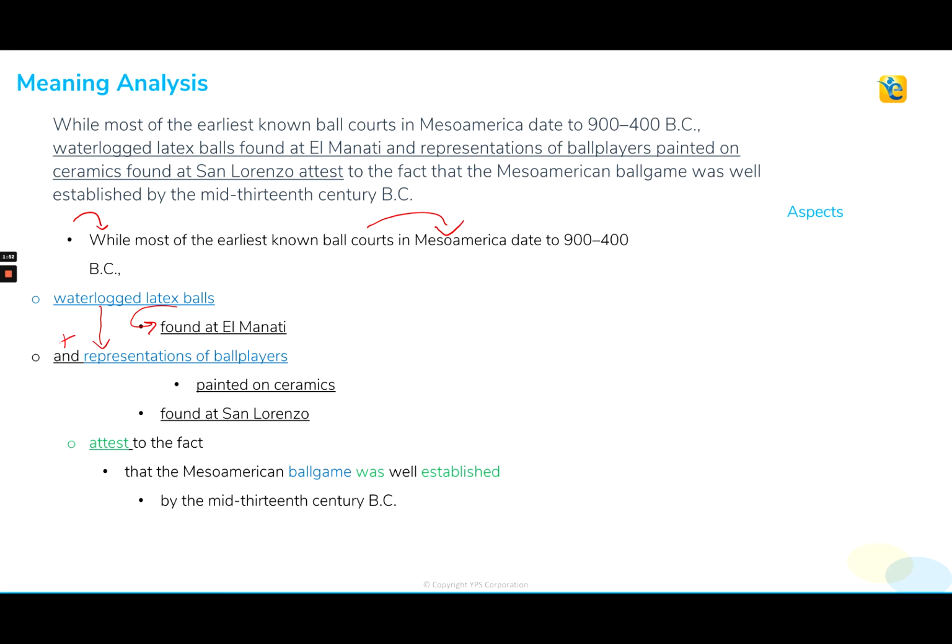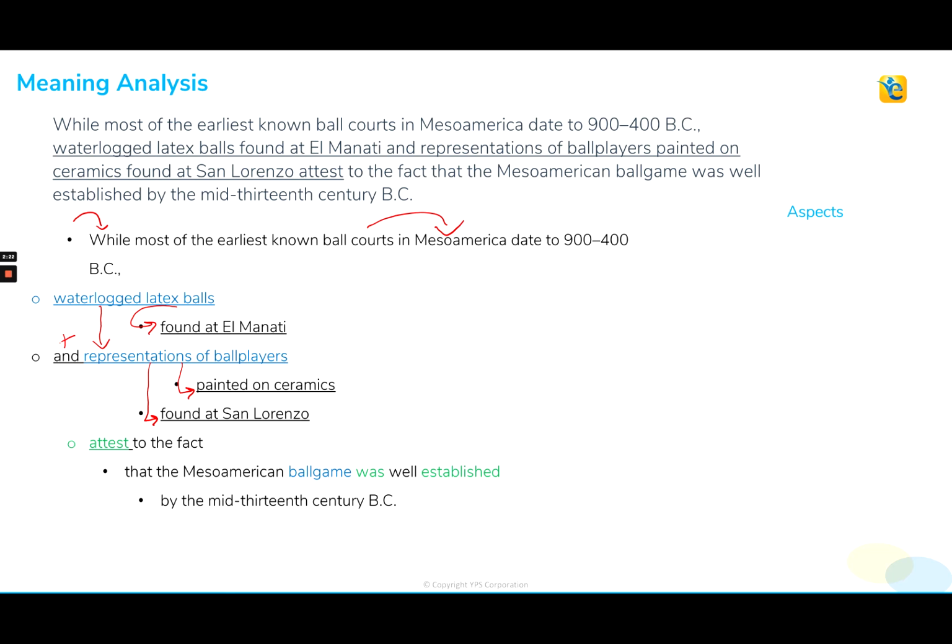So I'm told where these representations of ball players are. They are painted on ceramics found at San Lorenzo. Okay, so these representations painted on ceramics are found at San Lorenzo. Descriptive information about these representations. I keep reading to find out more. Attest to the fact. Okay, so these waterlogged latex balls and representations of ball players attest to the fact.